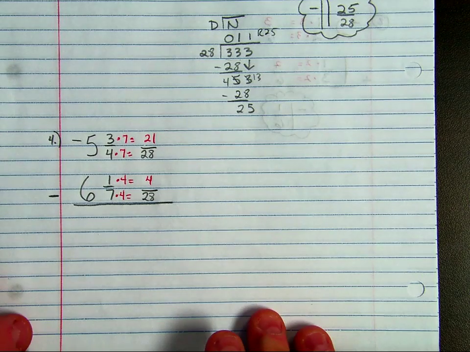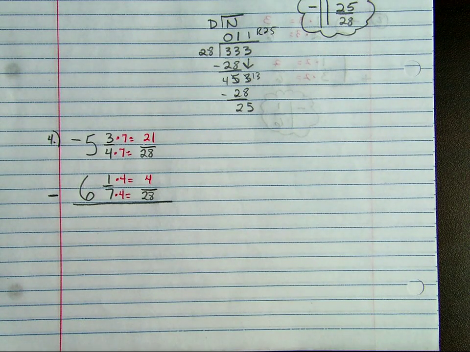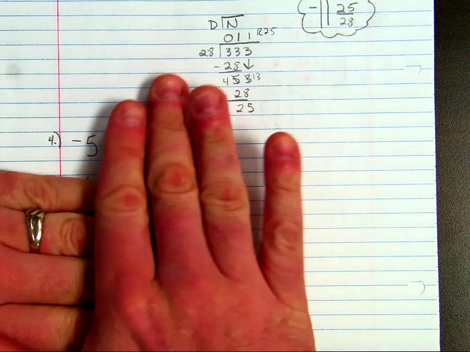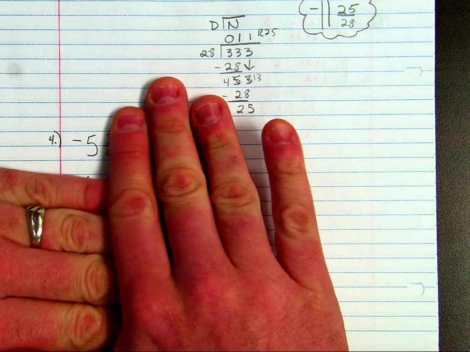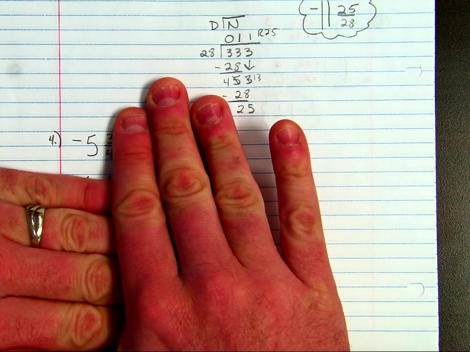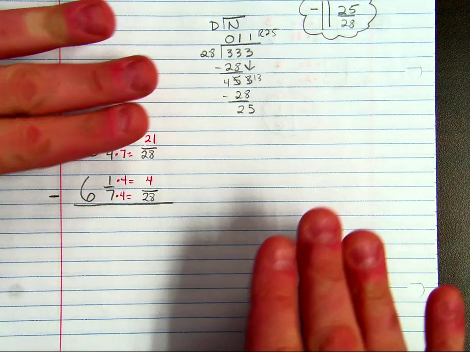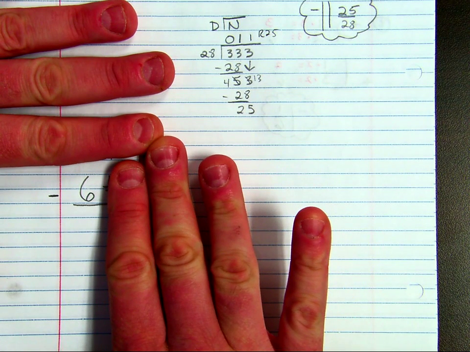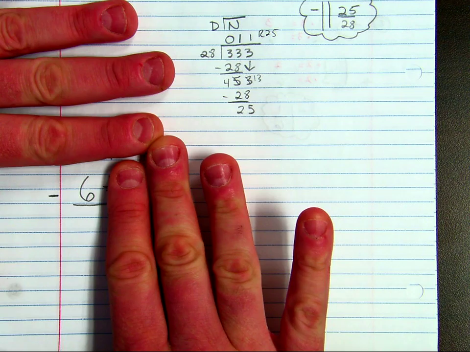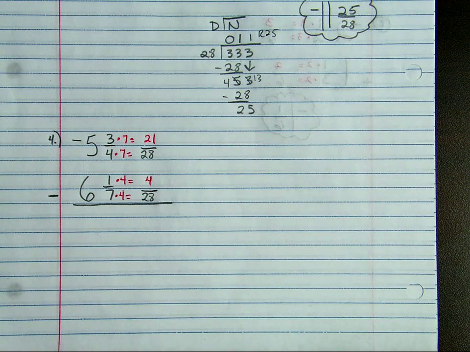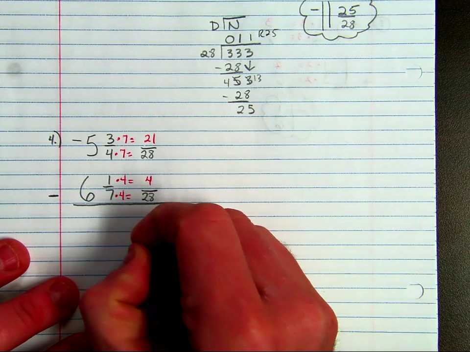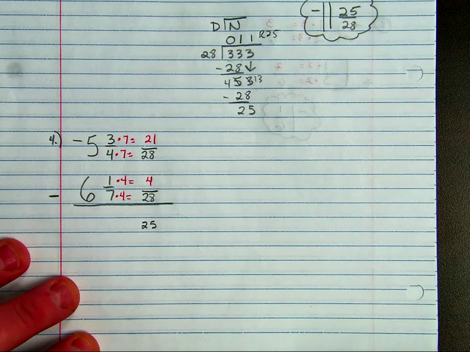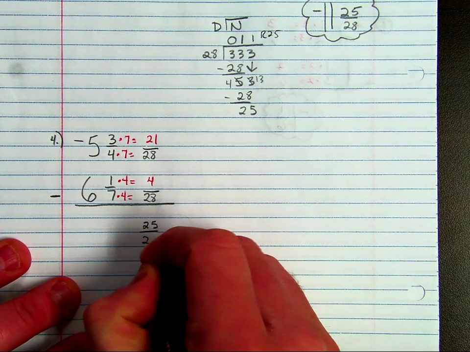Are the signs the same or are the signs different? Let's take a look at the 5. Is the 5 positive or negative? Negative. Let's take a look at the 6. Is the 6 positive or negative? They're both negative. So what do we do if the signs are the same? We add them. 21 plus 4 is 25. 6 plus 5 is 11.